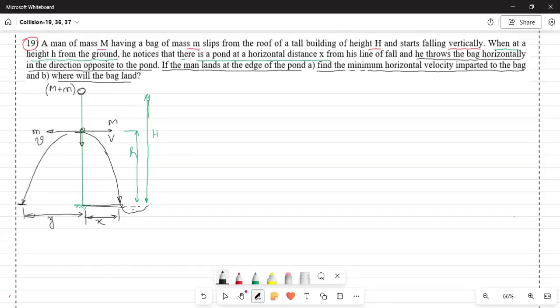Now let us start doing the work. First, a small arithmetic here. With the horizontal component of velocity capital V, the man just reaches the point, and let us say this time is t.